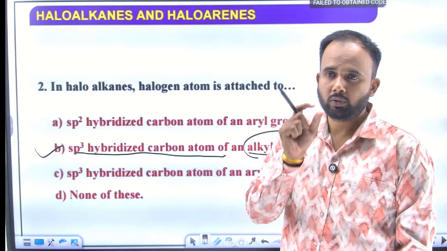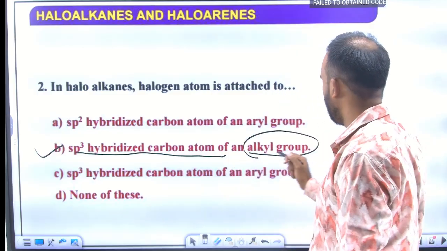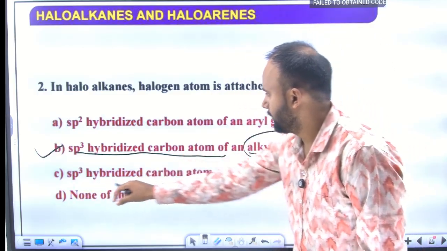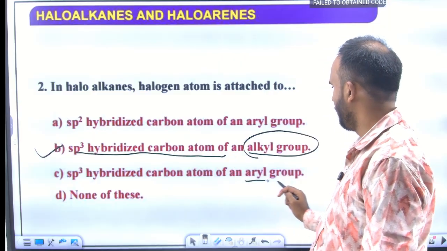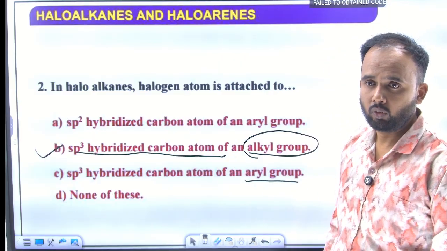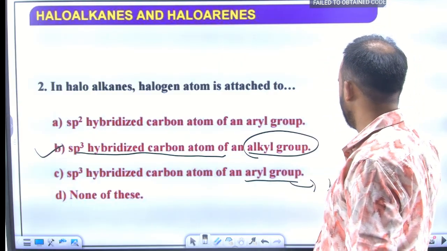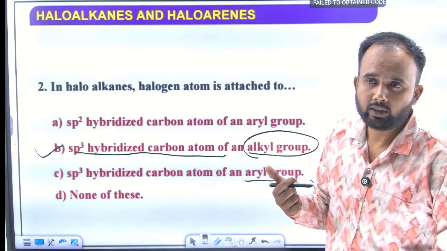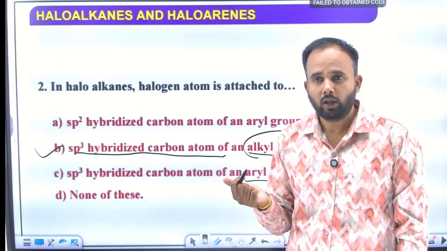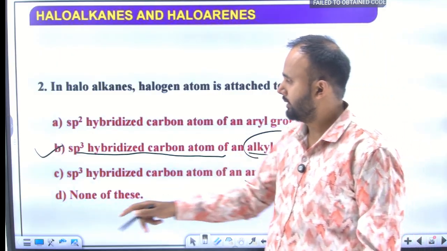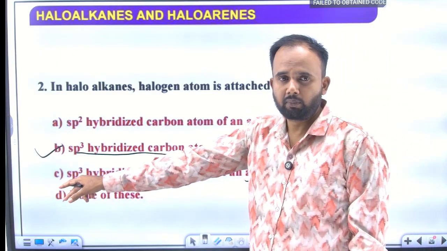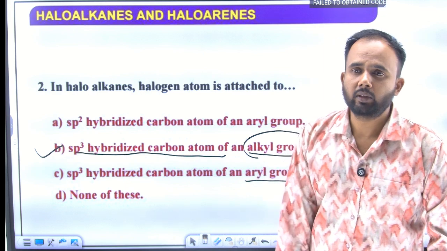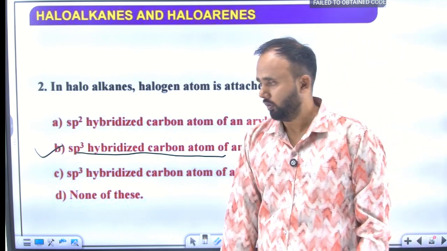You have to focus on that particular term, alkyl group. The same thing is mentioned here, but what difference is there? Aryl group. We know if an aryl group, an aromatic group, is there, it will convert into haloarenes. So in a hurry, some students tick option C, but the correct answer will be option number B.